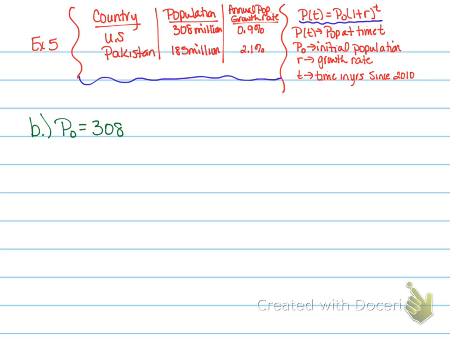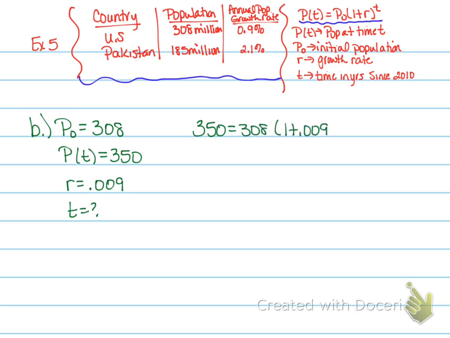We also know the ending amount is going to be 350. Let me do P of t. It's going to be 350 million. We know the rate is still 0.009, and t is what we're after. So when we set this up, we get 350 equals 308 times 1 plus 0.009 raised to the t.